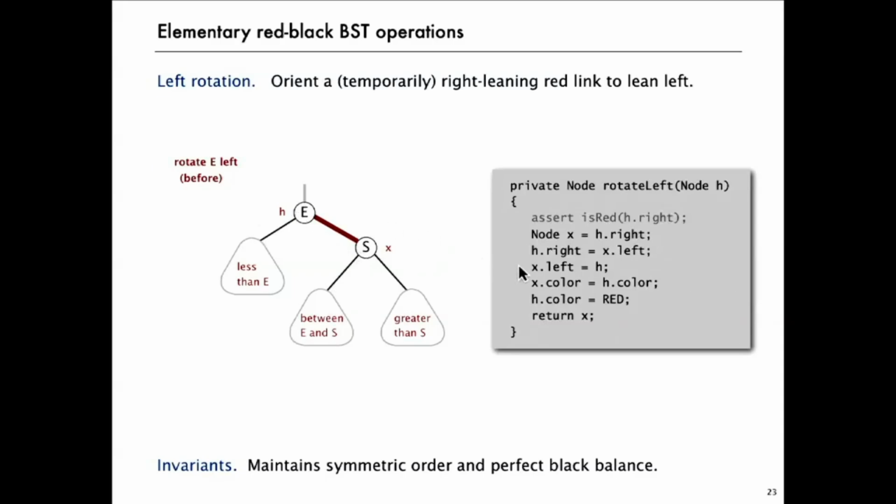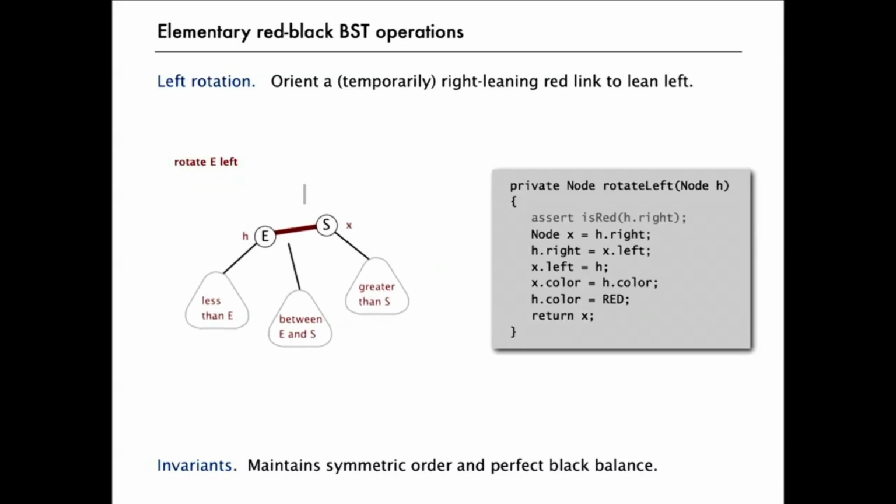And also whatever color h was, well, it looks like it should be black, but actually there are situations where it could be red, then x is going to have that color, because the link coming into h is going to be the link coming into x. And then h's color is going to be red afterwards. And then we return x to link further up the tree, which happens during our standard recursive insert.